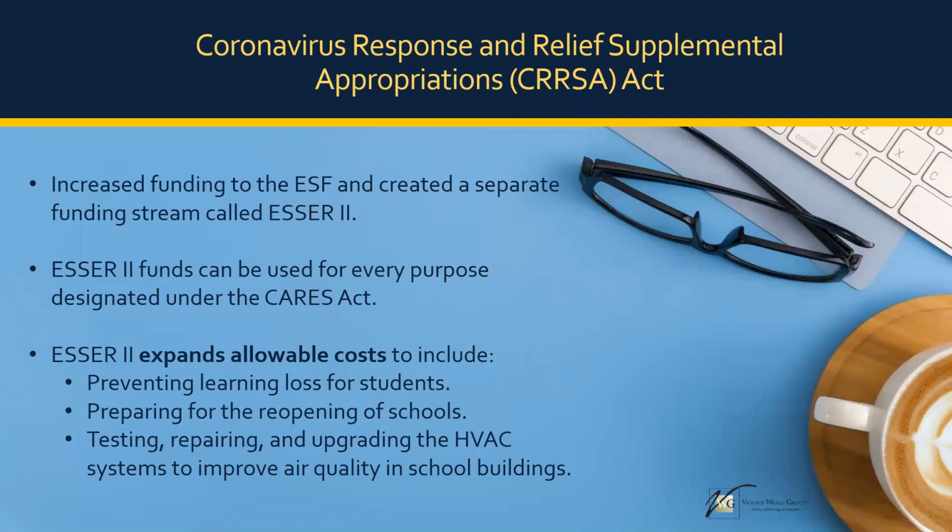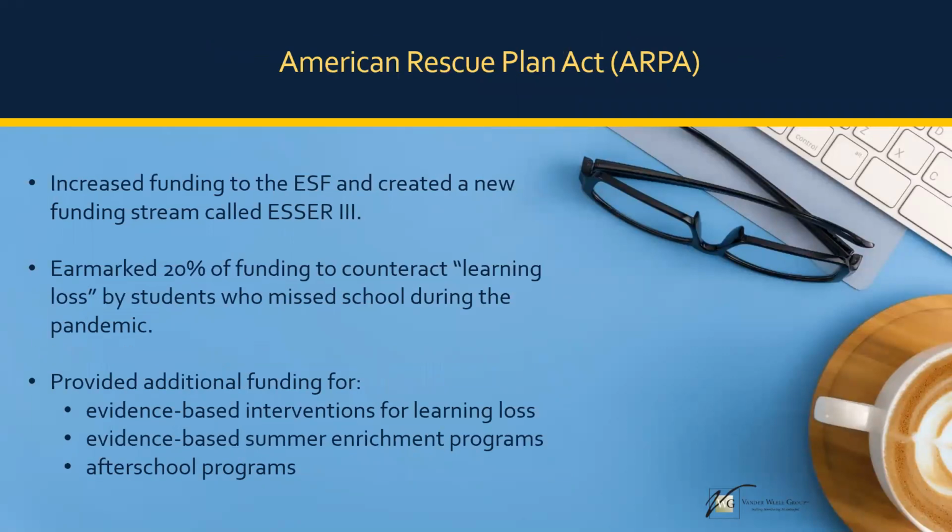And the last piece of legislation is the American Rescue Plan Act, or ARPA. Again, it increased funding to the Education Stabilization Fund and created a new funding stream called ESSER 3. Now, this piece of legislation was a little more restrictive. It did earmark that 20% of the funding had to go to counteract learning loss by students who missed school during the pandemic.